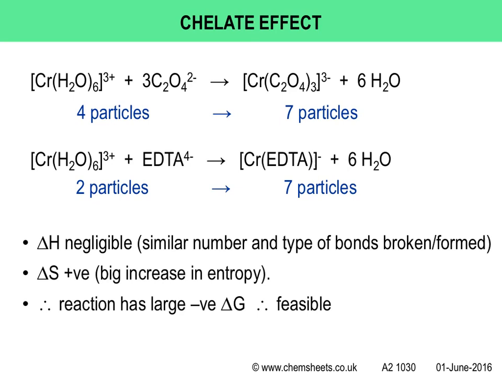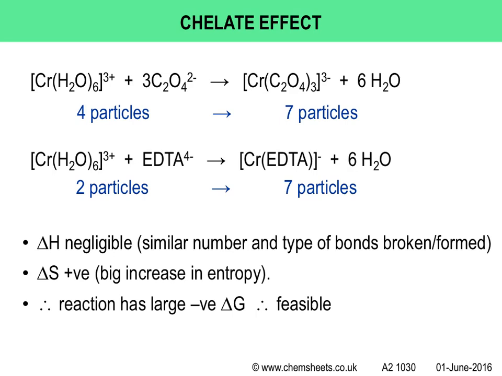So if delta G is negative, there is an increase in entropy in the universe. So we're focusing, when we're looking at these particles, 4 particles on the left for the chromium complex ion, 7 particles on the right for the second chromium complex ion. We are focusing there on the system, so we can see that there's clearly an increase in the entropy of the system, and we can see that on the second reaction as well.